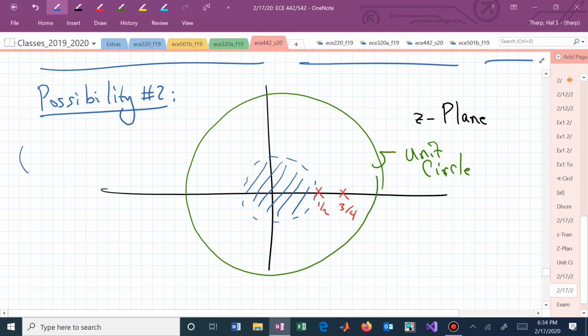Now our region of convergence is a disk. And what can we say about the region of convergence relative to the poles? In this case, our region of convergence is interior to all poles.